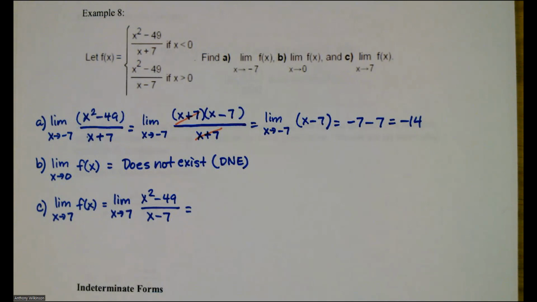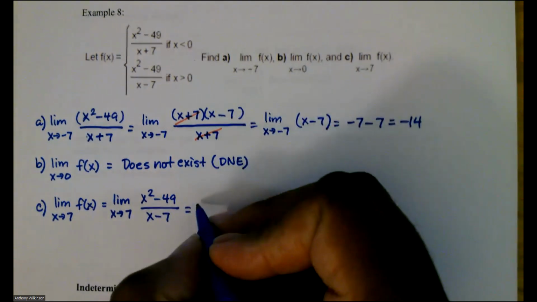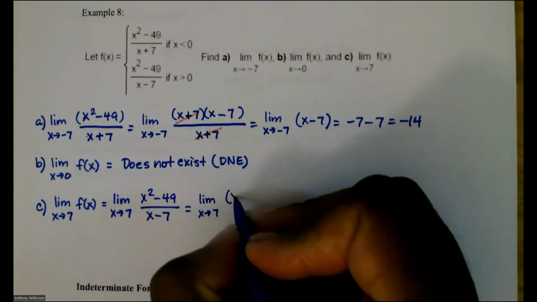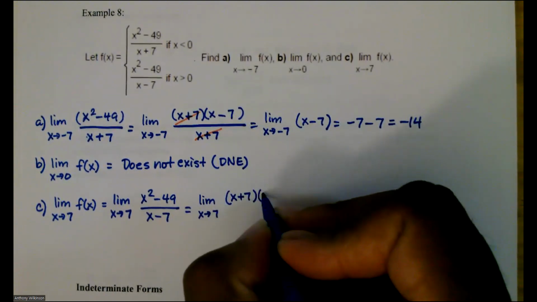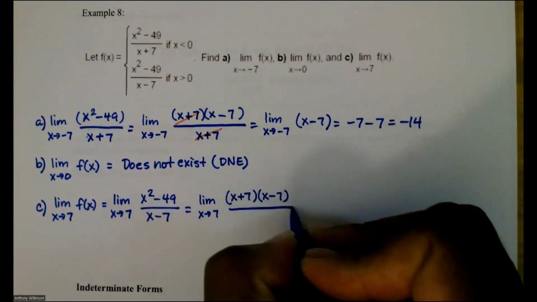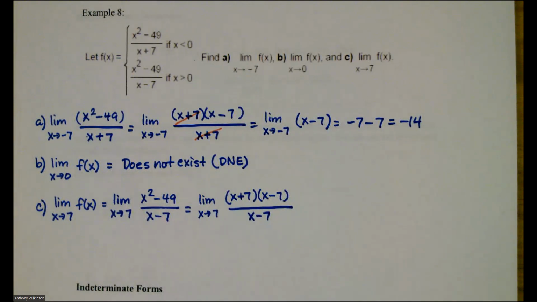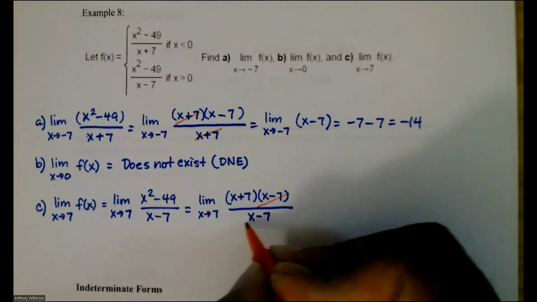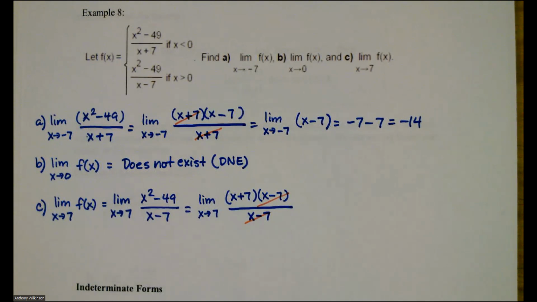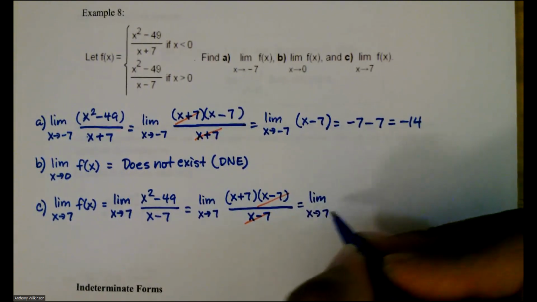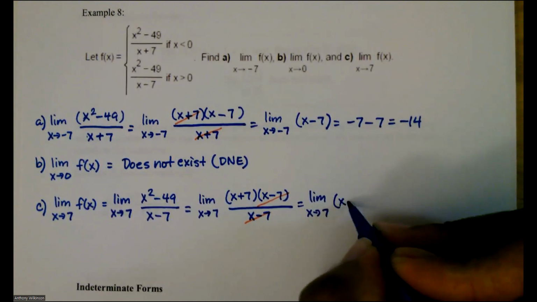So here we have to factor and divide out our common factors. That x squared minus 49, if you recall, back in part A, factors as x plus 7 times x minus 7. And that's going to be divided by x minus 7. But this time, x minus 7 is in the numerator and the denominator, we can divide that out. We'll be left with the limit as x approaches 7 of x plus 7.